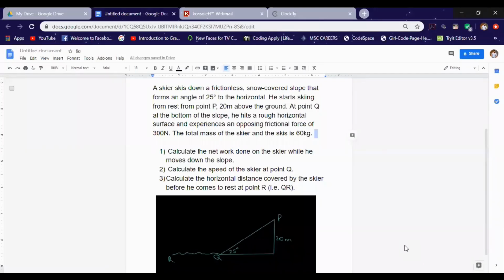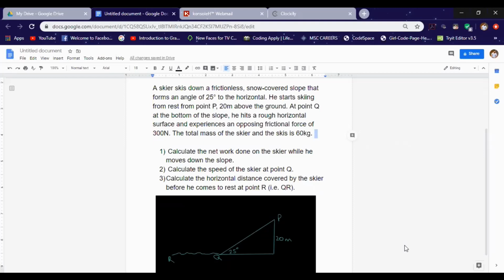Obviously we kept our initial answer for number 1, because it probably is going to come back. They now ask us to calculate the speed of the skier at point Q, which is at the bottom of the slope. Let's go ahead and do that question.